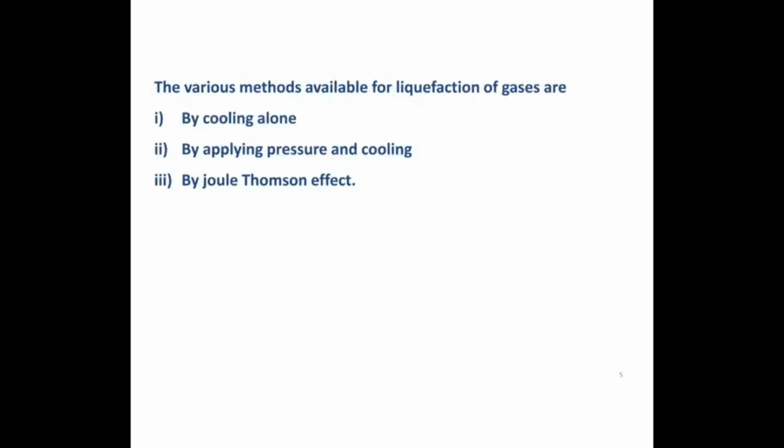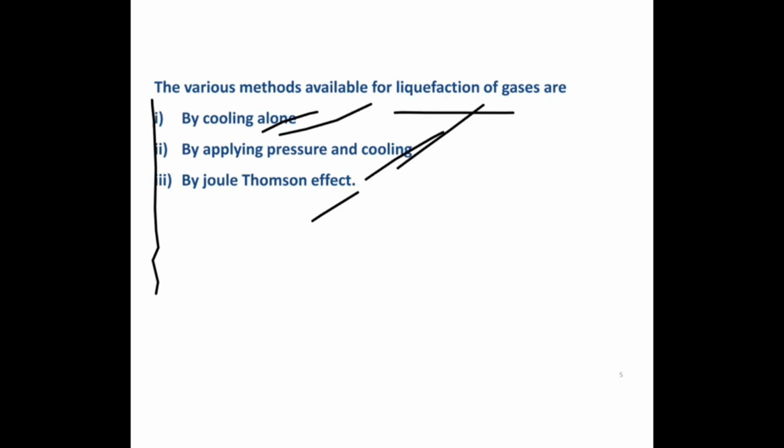Liquefaction of gases can be done by three different methods: by cooling alone, by applying pressure along with cooling, and by the Joule-Thomson effect. Some materials can be converted into liquid by cooling itself, and some others need pressure along with cooling.